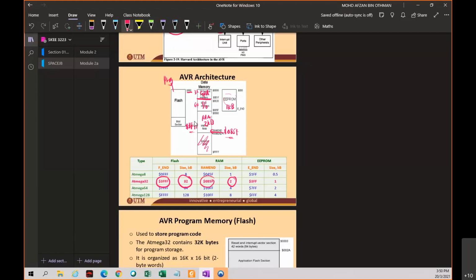And last but not least is our EEPROM. Since our EEPROM is 1 KB, the starting address is 000 and the end address of the EEPROM is 3FF.